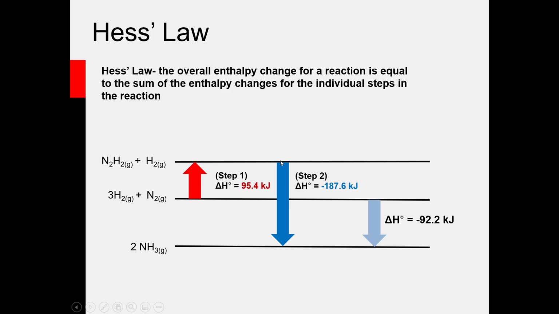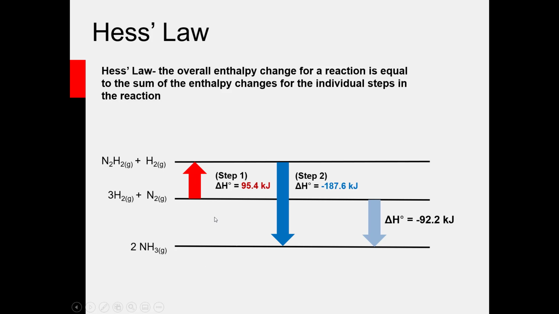This second step in the reaction is exothermic and is much larger in terms of the enthalpy change or the heat released than the first step was in terms of the heat absorbed. So if we look at the enthalpy change for step 1, 95.4 kilojoules, and we add that to the exothermic enthalpy change from step 2, negative 187.6 kilojoules, we get the overall enthalpy change, negative 92.2 kilojoules.